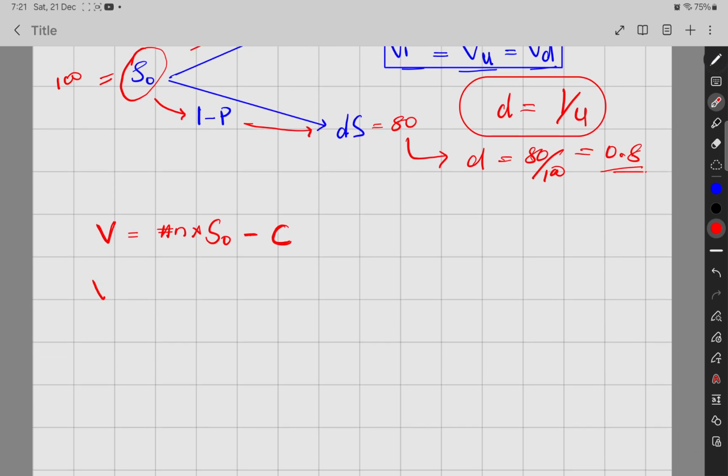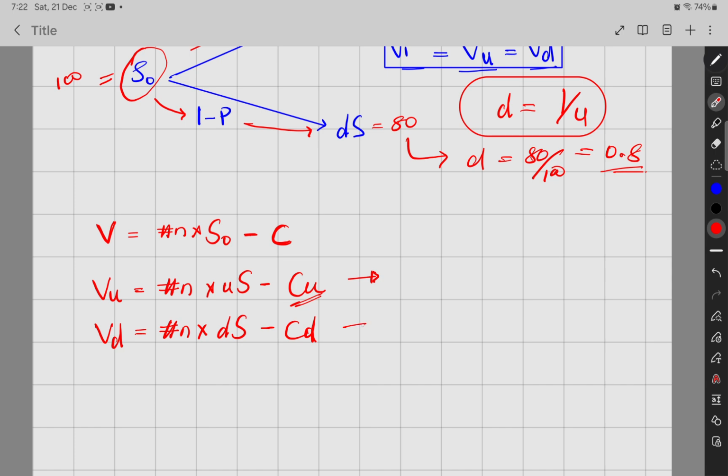In the upstate, that is VU, you will still have the calls and the stocks, but the value of the stocks would move upwards to US, and you would also have a payoff CU, that is, you need to pay for this call. And then you have VD, that is the value at the downstate: you will still have the stocks at a DS value, but you will have a call value of CD.